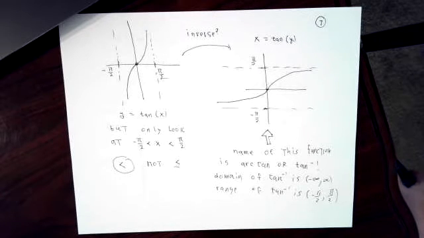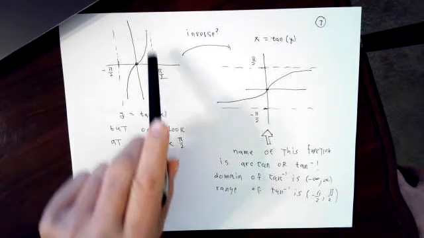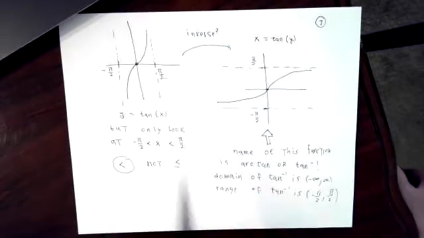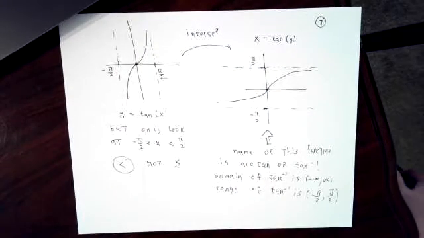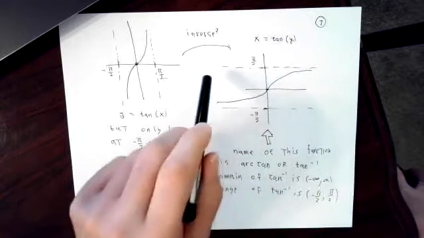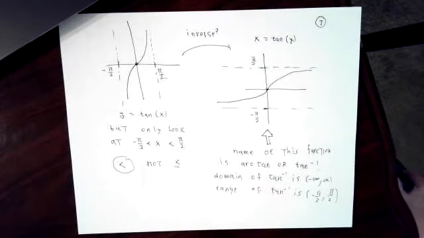The range goes between negative pi over 2 and positive pi over 2, and this time you can't even get the pi over 2 and negative pi over 2. On the graph of the tangent function, there is no place where x is pi over 2. So on the inverse function, there's no place where the y is equal to pi over 2. You can make the y coordinate as close to pi over 2 as you like, but you can't actually make it equal to pi over 2.